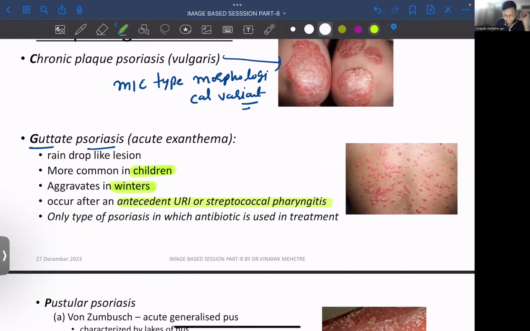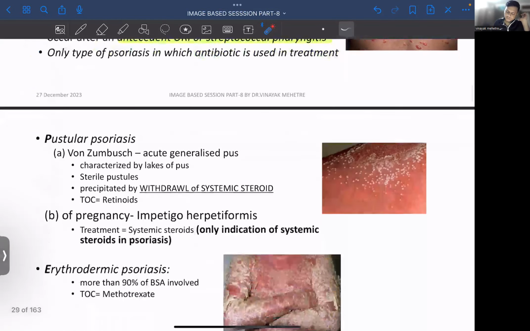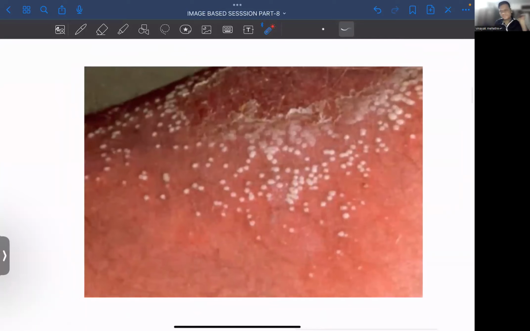Children. इसी को बोलते हैं rain drop like lesion. ऐसा लग रहा है the rain has dropped on his back. Okay? Rain drop like lesion, right? So this is your guttate psoriasis, and believe me, both have been asked. That too recently.